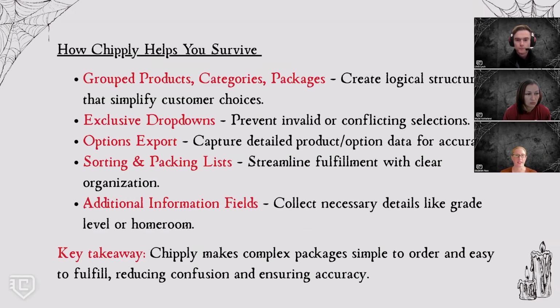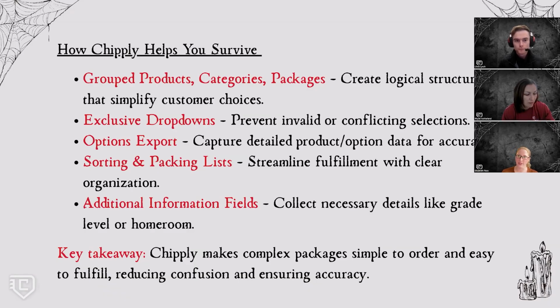Is my package complete? Exclusive drop downs will help eliminate two people coming back with the same number. If somebody checks out with one, for instance, then that won't be available for somebody else to select as well. Options export just helps capture all of that detailed information to make sure that you're fulfilling things accurately.